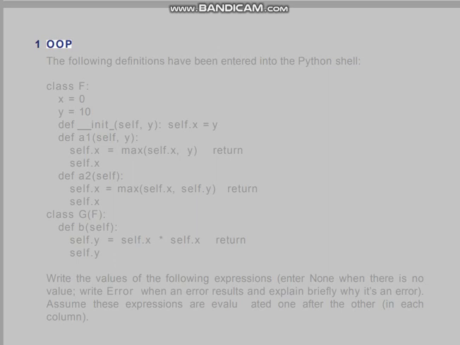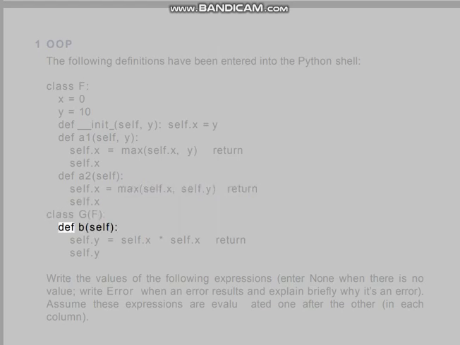1 OOP. The following definitions have been entered into the Python shell. Class F: x = 0, y = 10. def __init__(self, y): self.x = y. def a1(self, y): self.x = max(self.x, y); return self.x. def a2(self): self.x = max(self.x, self.y); return self.x.